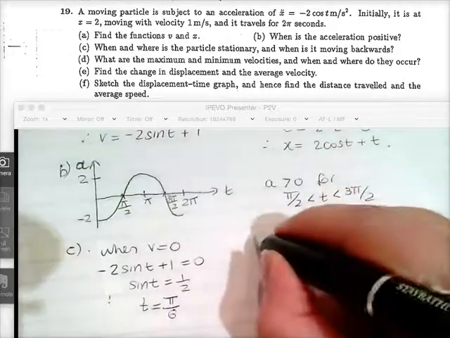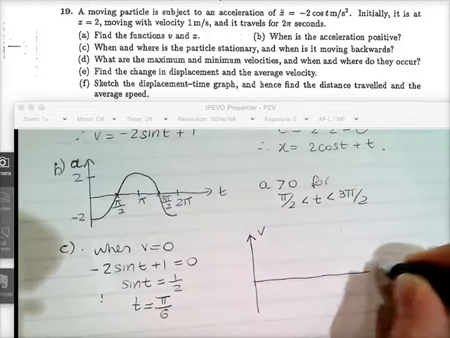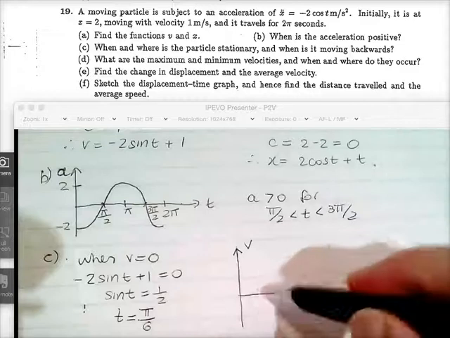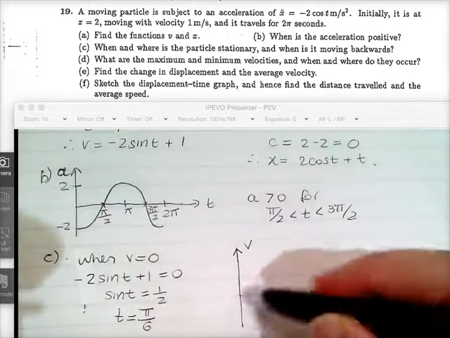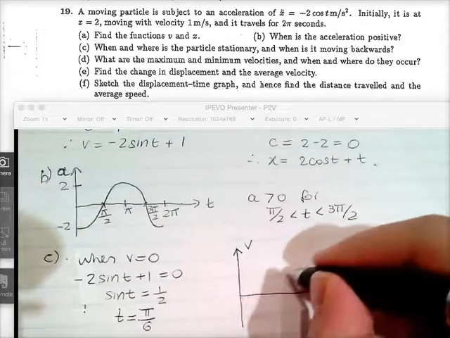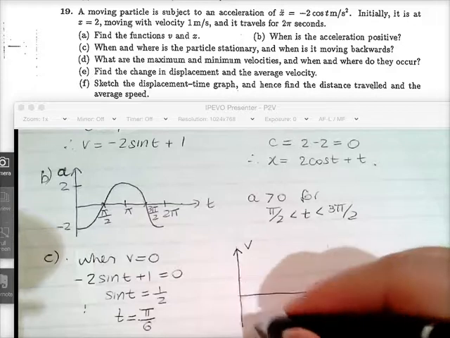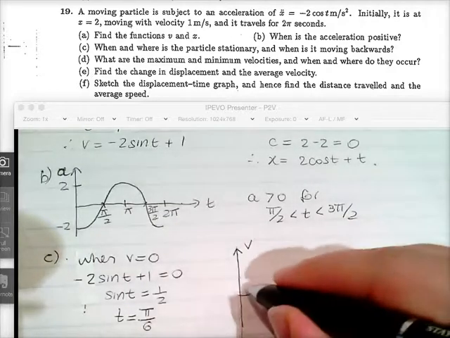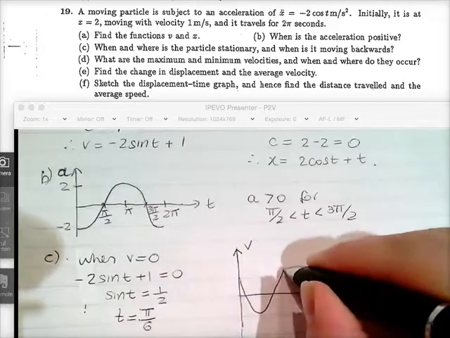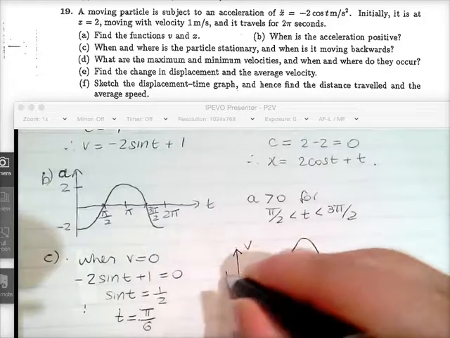Now, I'm going to draw the velocity curve over here so that it makes sense for us. So we know v equals negative 2 sine t plus 1. So it's a negative sine curve shifted up 1 unit. Instead of being down here, actually I'm going to draw it double amplitude. So this is 1.